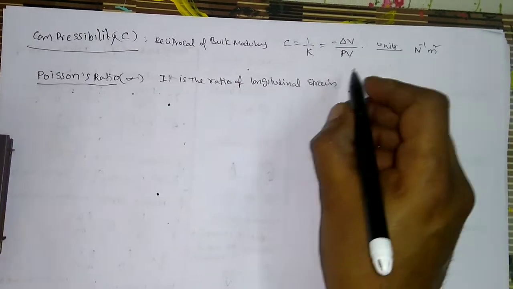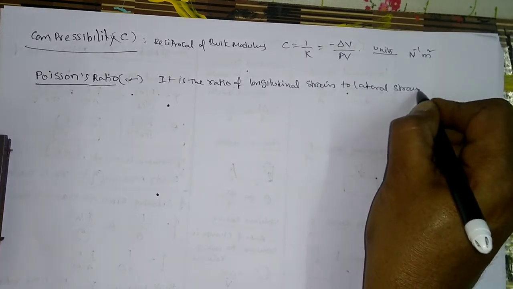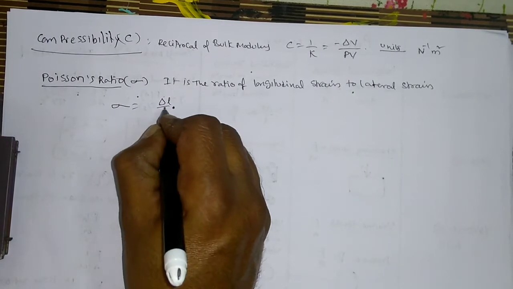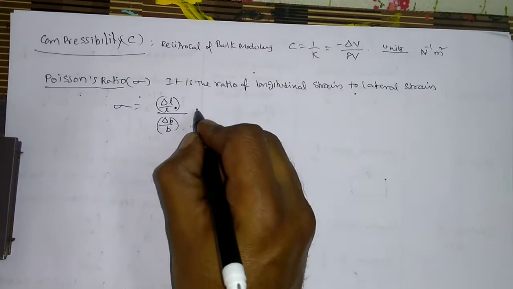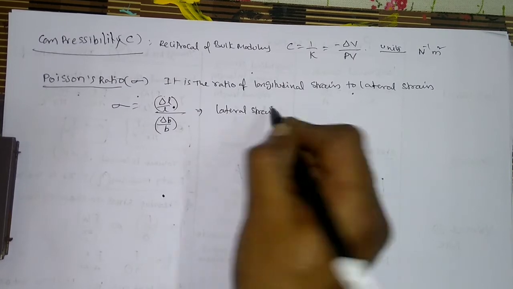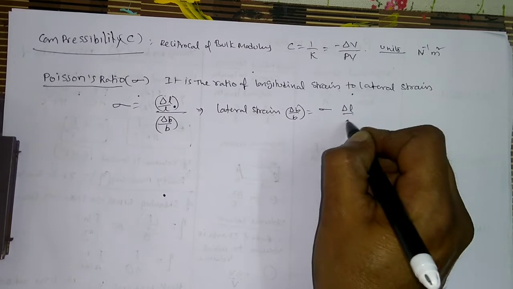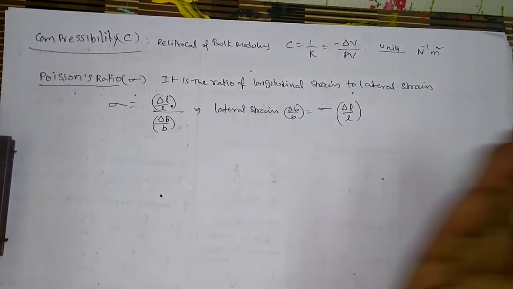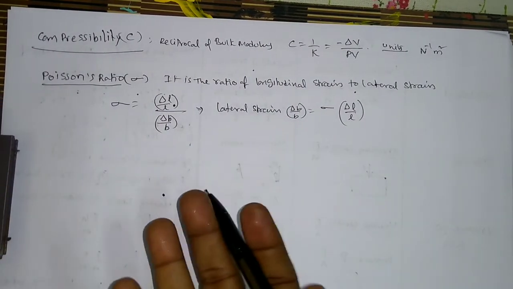Mathematically, longitudinal means delta L by L, lateral means delta B by B, breadthwise. From this, lateral strain delta B by B is equal to sigma into longitudinal strain. This is the formula. It will have no units because strain by strain has no units.